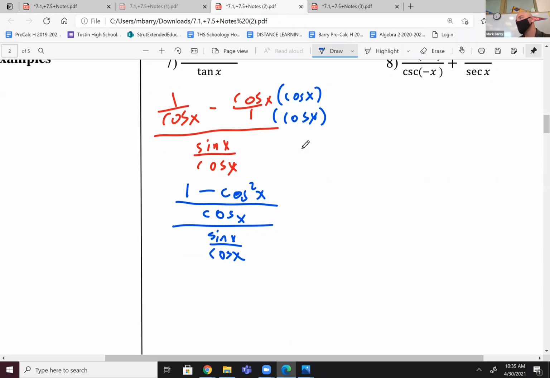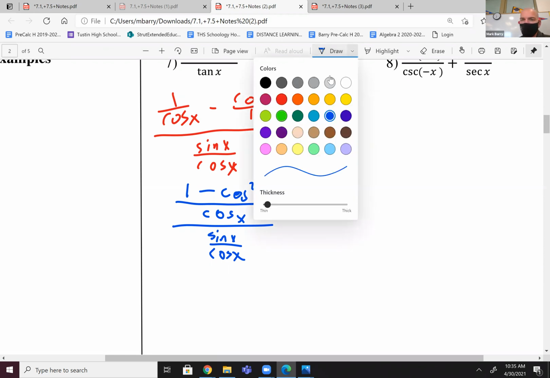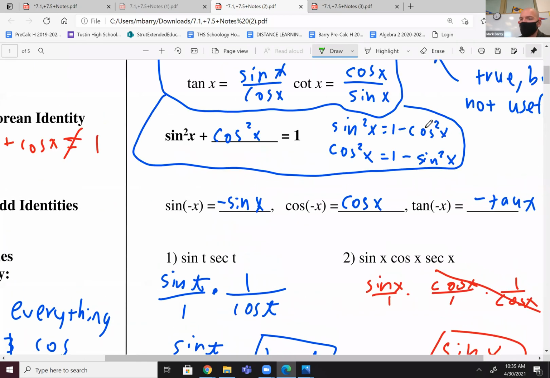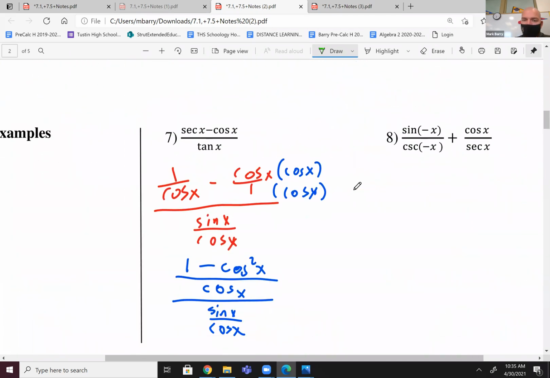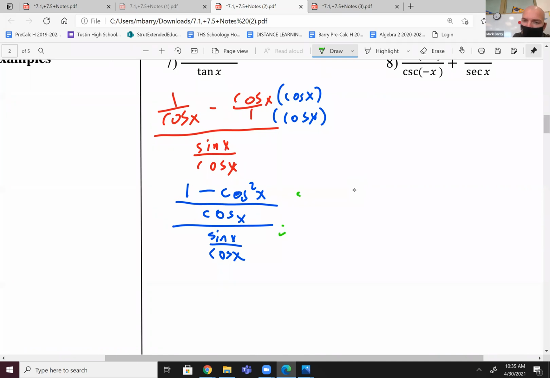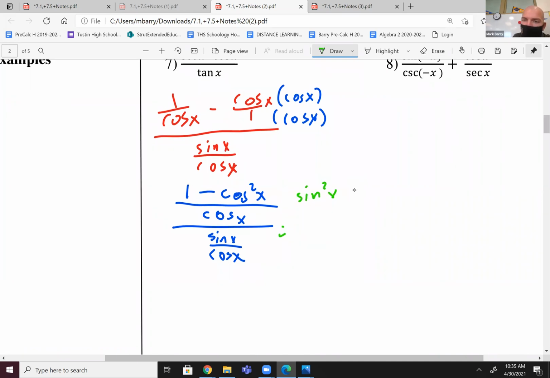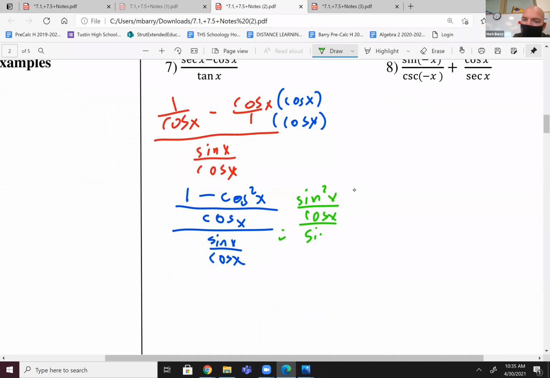Now, 1 minus cosine squared x, this actually seems familiar to me. If we think back to our Pythagorean identity, we said that 1 minus cosine squared x can be turned into sine squared x, right? We actually use this identity the other way on number 5. On number 5, we turned sine squared into 1 minus cosine squared. Now we're going the other way with it. So I'm going to change that 1 minus cosine squared into sine squared over cosine x over sine x over cosine x.